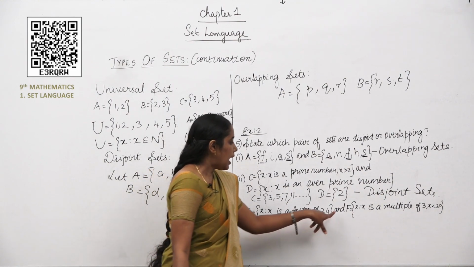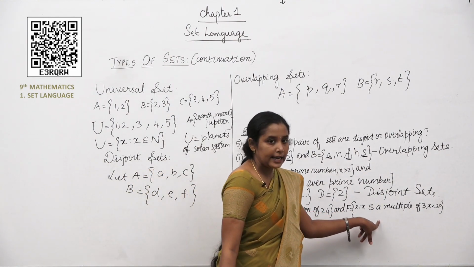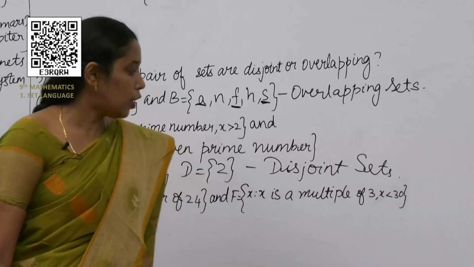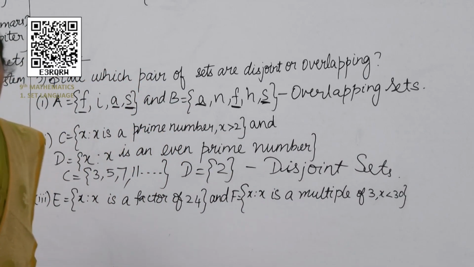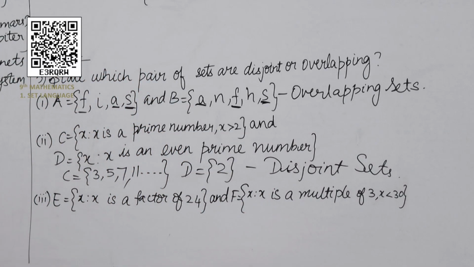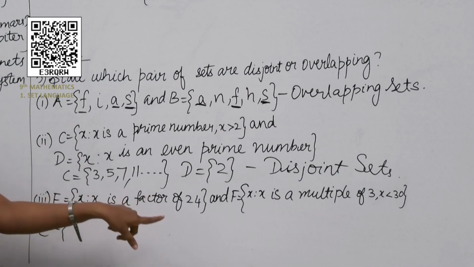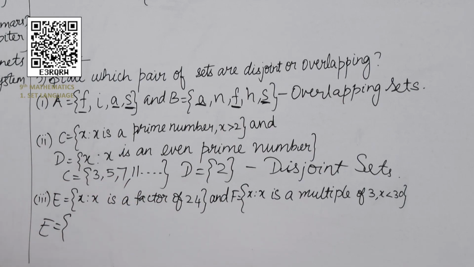Next, the third subdivision. Set E is equal to x such that x is a factor of 24, and F is equal to x such that x is a multiple of 3 and x is less than 30. x is a factor of 24 means the numbers that divide 24.